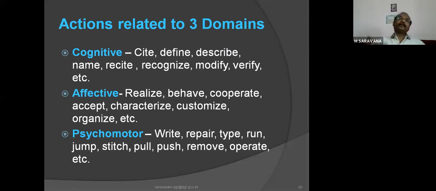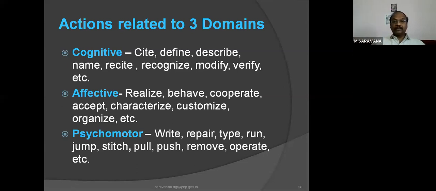After teaching that particular theory topic, they will be able to cite, define, describe, name, recite, recognize, modify, rectify, etc. So all these, citing, defining, describing, reciting, naming, are related to the cognitive domain.